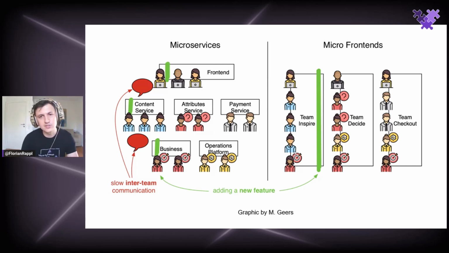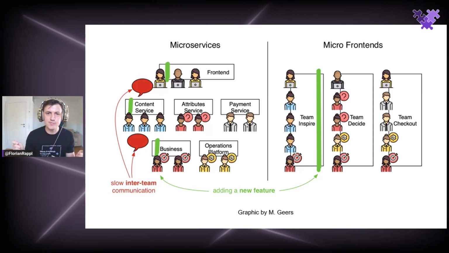Now, if you have microservices, that's great. I mean, it's not something that you need to have, but if you have it, that's great. But it only gets you so far because usually you also have a UI, and therefore you potentially have a front-end monolith. So you have one team, and that will actually need to align with all the backend teams.